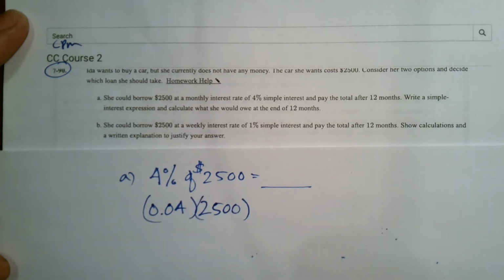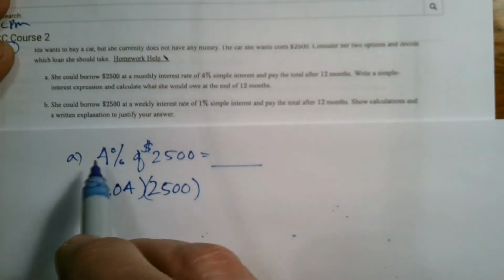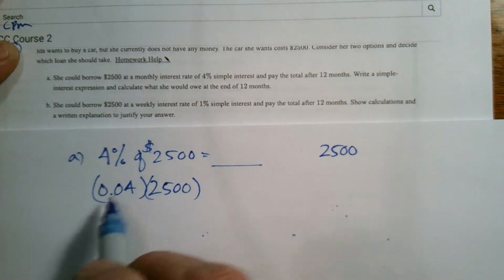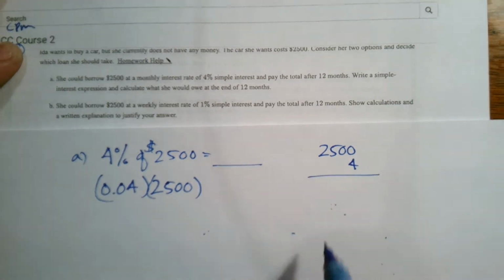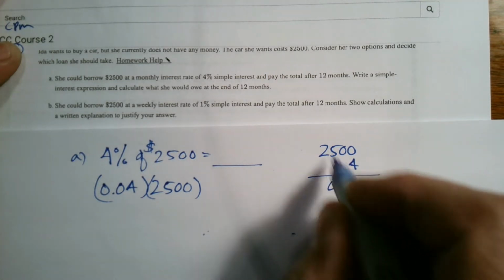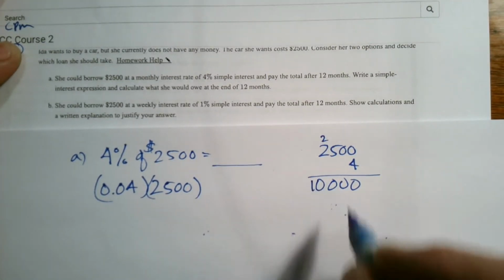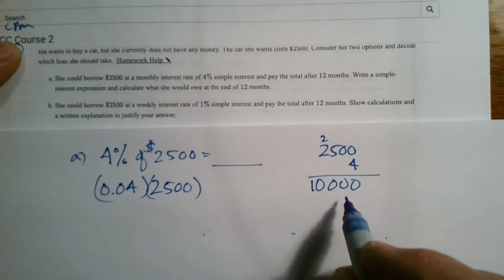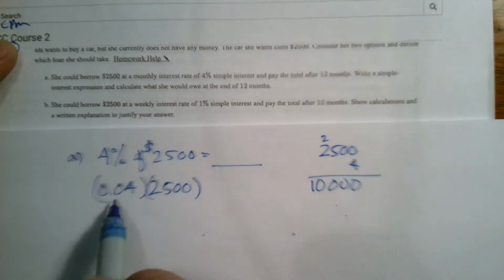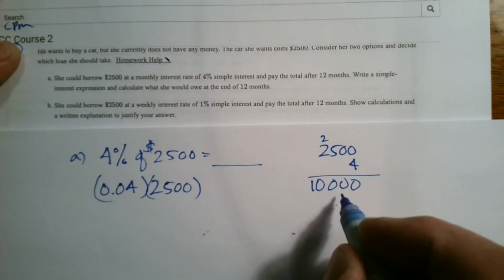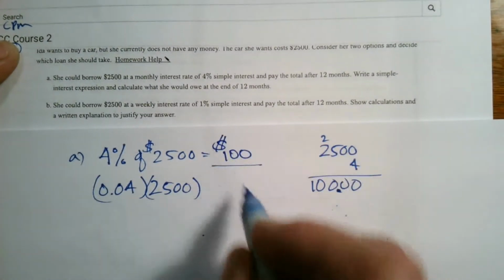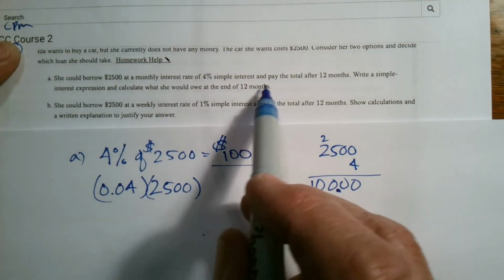Remember, when you're multiplying something that has decimals and you don't have a calculator, you can just ignore the decimals and multiply the numbers. 2,500 times 4 gives me 10,000. But my factors had 2 digits behind the decimal place, so my answer is going to have 2 digits. So really that's 100. The interest is $100.